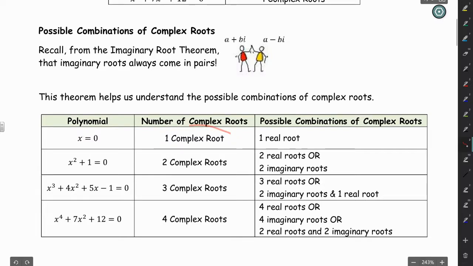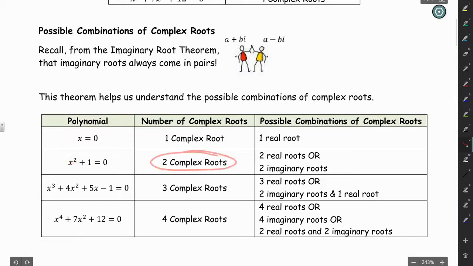If we have one complex root, either real or imaginary, it has to be real because imaginary roots come in pairs. And we know we don't have 2 roots, we only have 1. So if we have a first degree polynomial, we only have 1 real root. That's the only possibility.